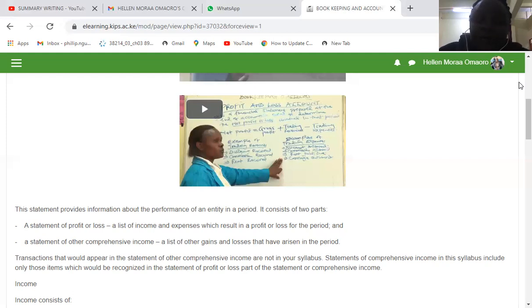After your purchase, the amount which you use to make sure that the goods have been transported from the market to the business premises is what we call carriage inwards. Are we together?